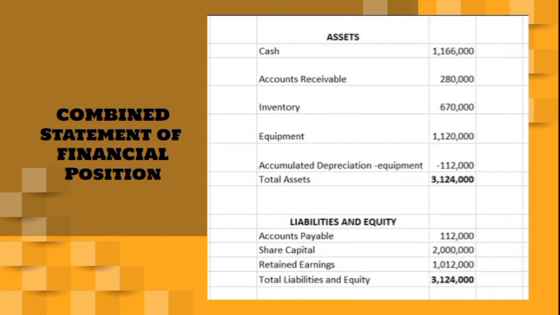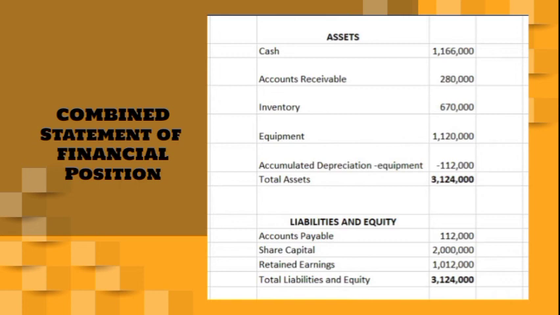Equipment, 720,000 plus 400,000, we have 1,120,000. So, yung accumulated depreciation, kasali din siya. 72,000 plus 40,000. So, we have here negative 112,000. So, to compute for the total assets, we have 3,124,000. So, for the liabilities and equity, we have accounts payable 72,000 plus 40,000.